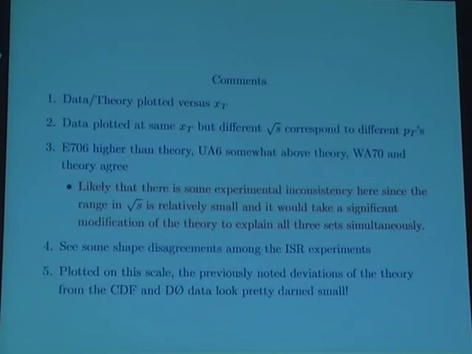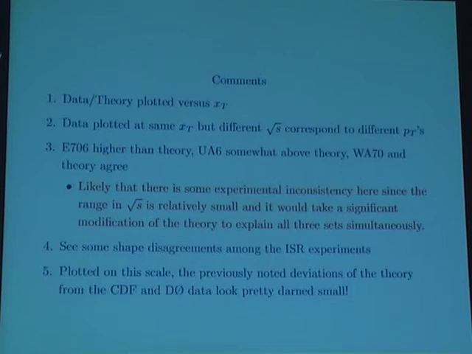Okay. A couple of comments. When you plot the data versus xT, that tells you something, because it tells you what regions of the parton momentum fractions are relevant. You might say, gee, I'm doing a terrible job with the PDFs, that's why I couldn't explain all of the data.